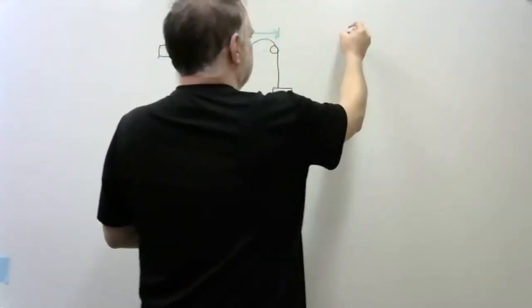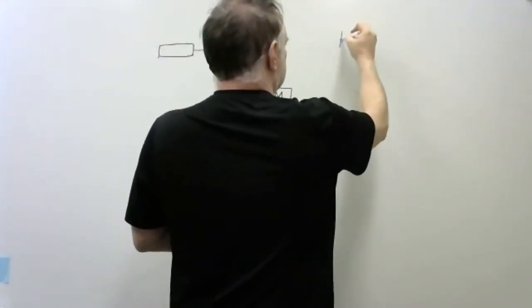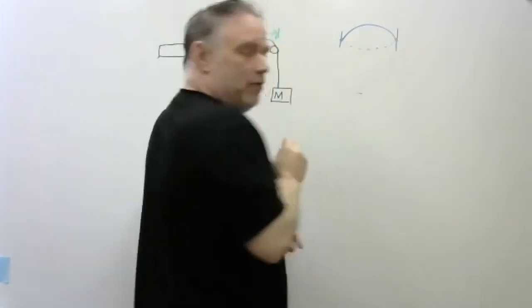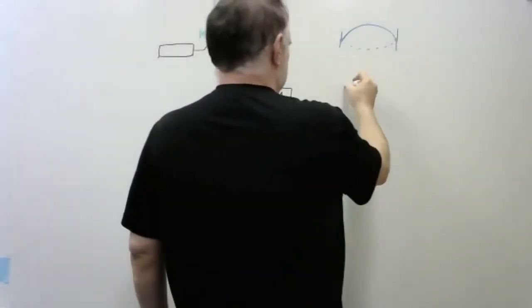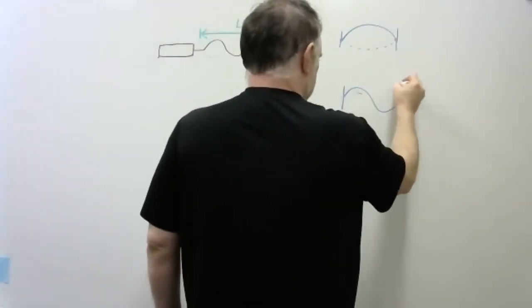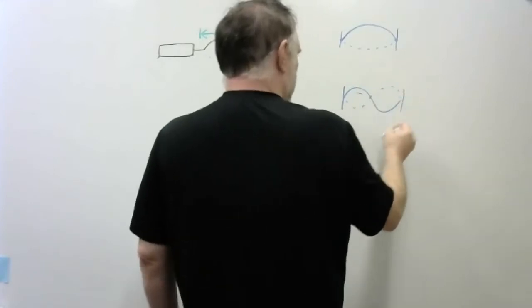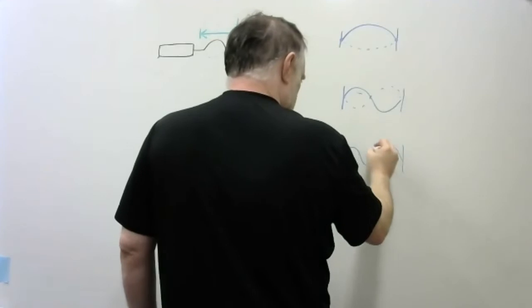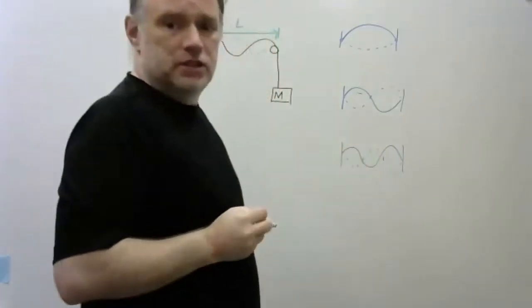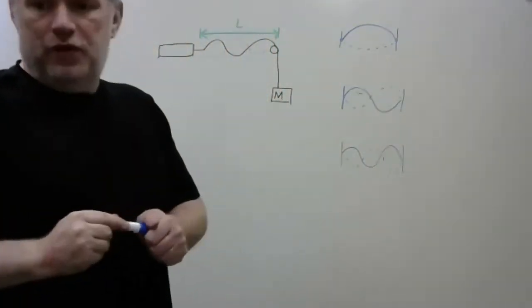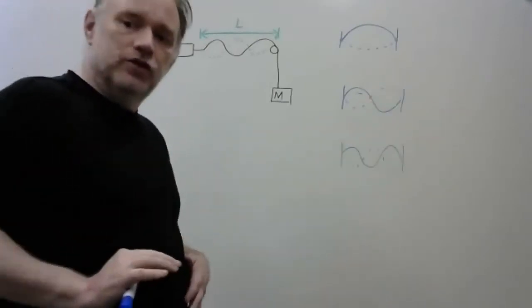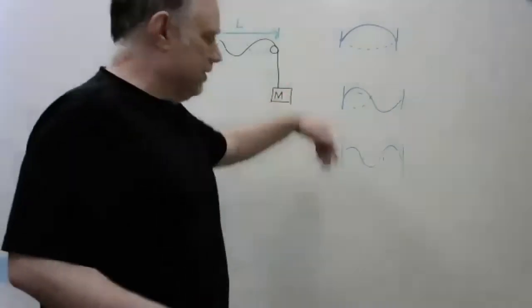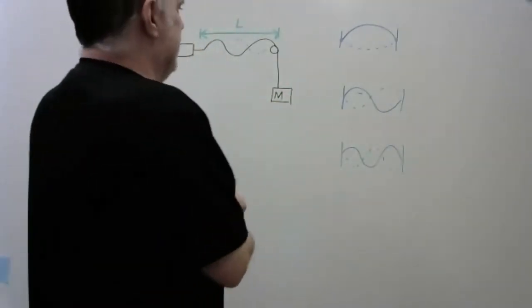So I can have a wave with one loop, or a wave with two loops, or a wave with three loops, but I can't have a wave with 1.5 loops, or 3 3/4 loops, or pi loops, or whatever. It has to be some whole number. So we're going to call that number n.